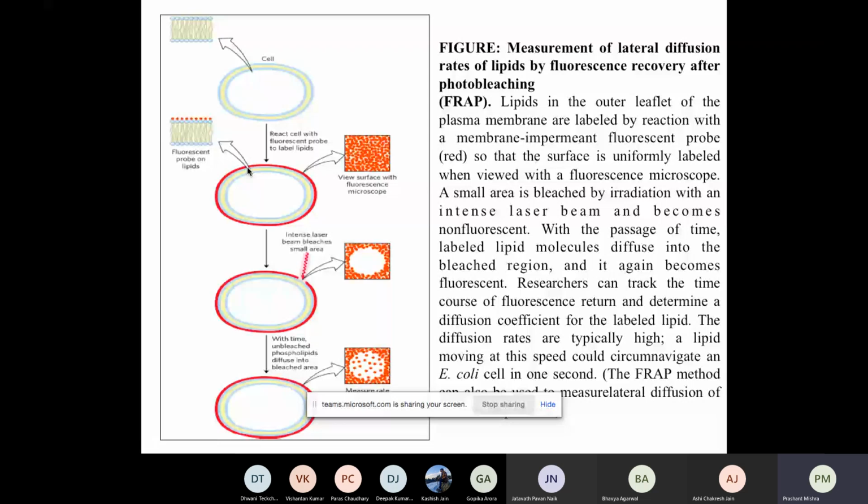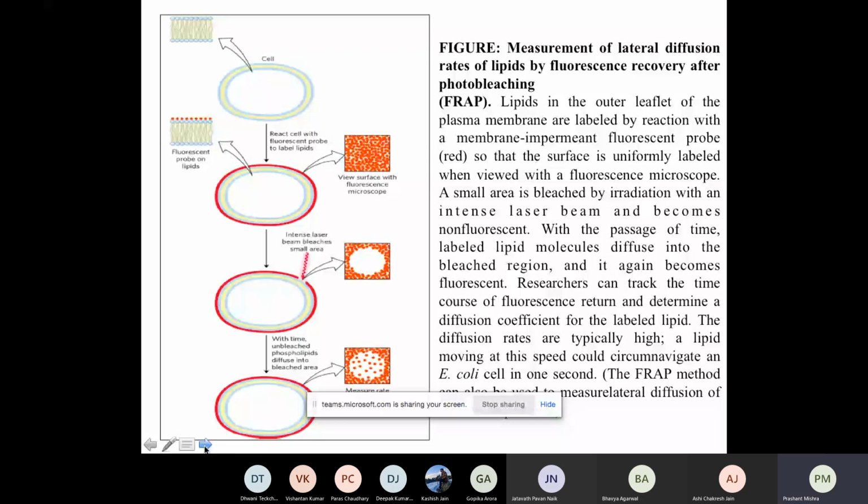So you can imagine in an E. coli bacterium, the movement of the lipid is so fast that within a second, it can move across the cell and come back to the same position. So this gives you some idea. And it depends on the diffusion coefficient. For each protein or lipid, you can calculate the diffusion coefficient, and based on that, one can calculate at what time they will come back to the same position.